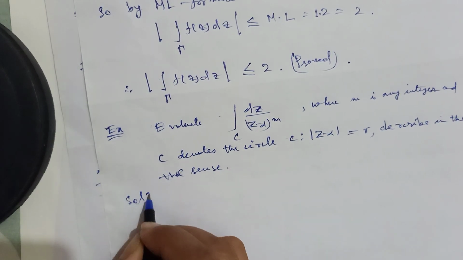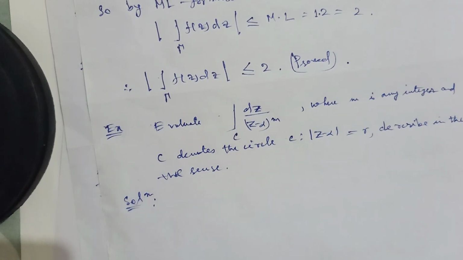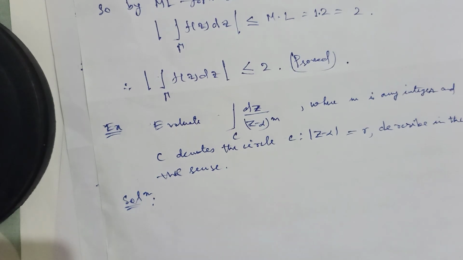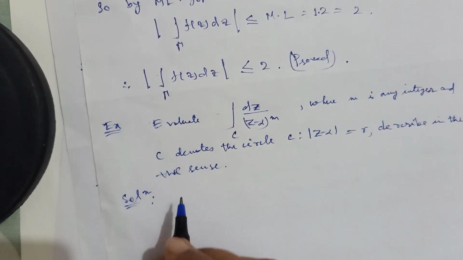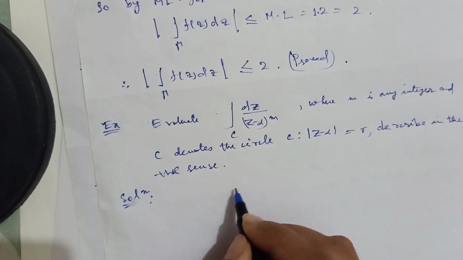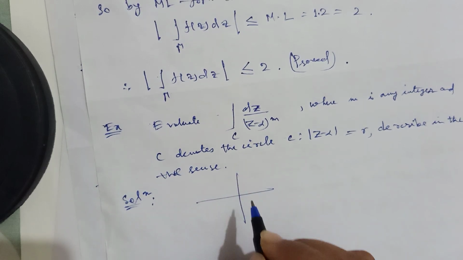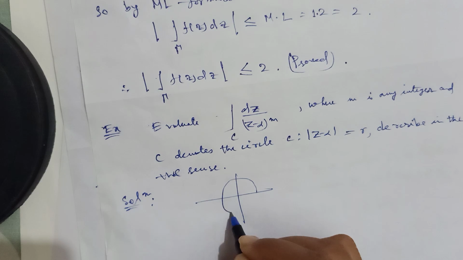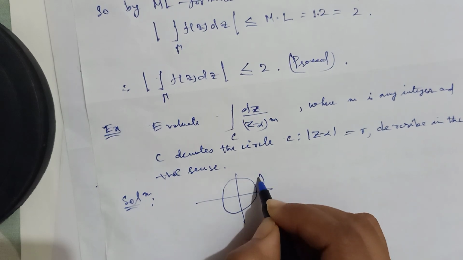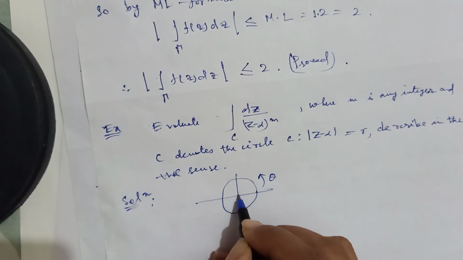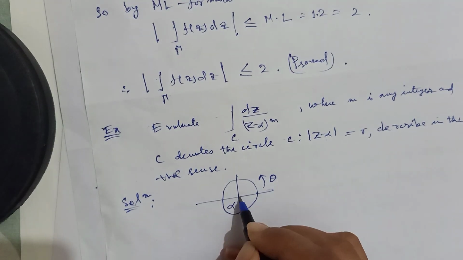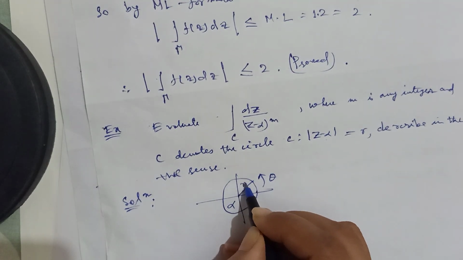So what is the solution? This is the circle in the positive sense, and this is the center alpha, this is radius r.